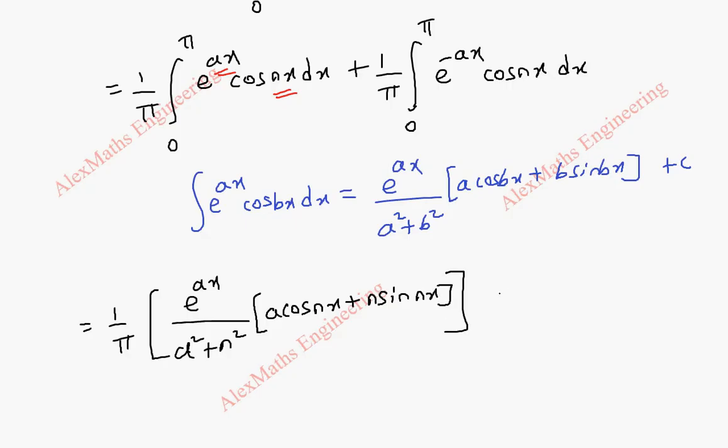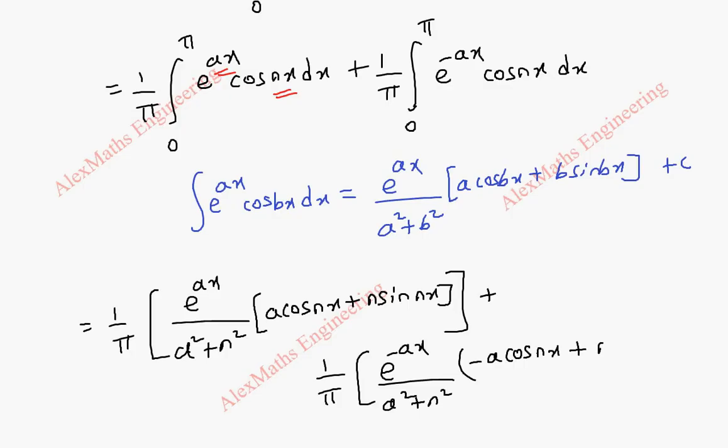The same way, coming to the second part, 1 by pi e power minus ax by a square plus n square, now minus a cos nx plus n sin nx. And here the limit is from 0 to pi. Even here it is from 0 to pi.